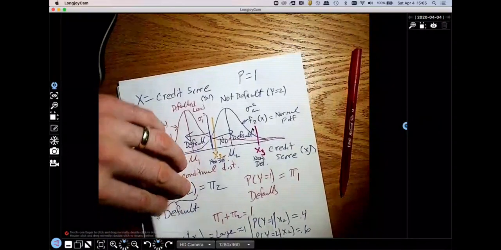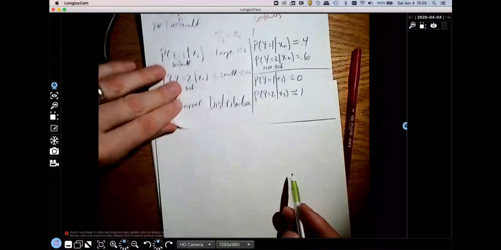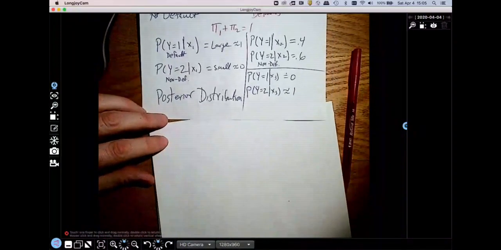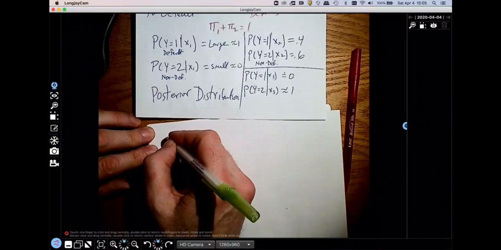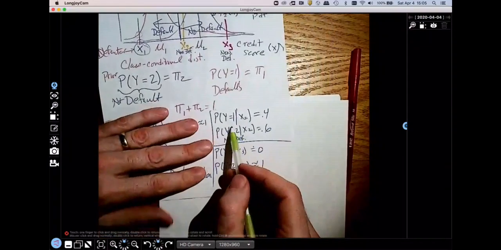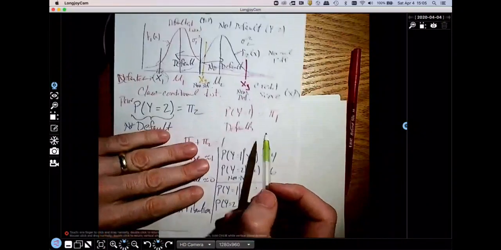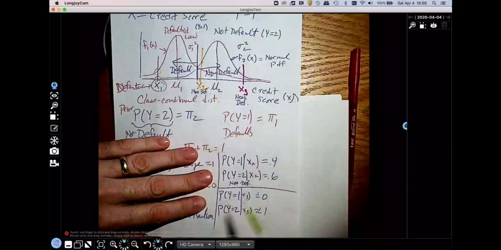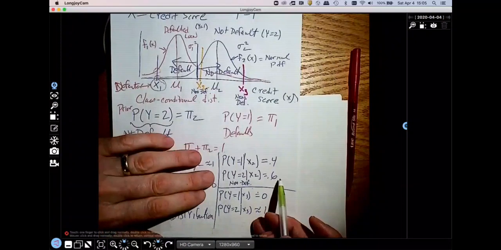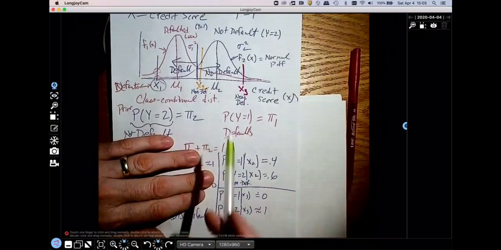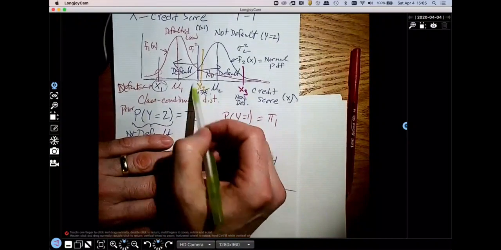So let me go back to my example here and let's continue on with x2. Remember, I wrote out some probabilities here. The class-conditional distribution, well, these are the probabilities. The whole idea is that if one of these groups is very rare, so let's say the non-defaulters are very rare, I hope that's not the case, but if that were the case, when I multiply this by the probability, and if that probability is small, I could actually end up classifying x2 as a defaulter.